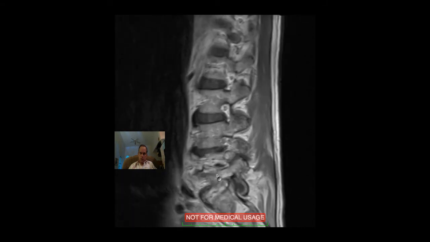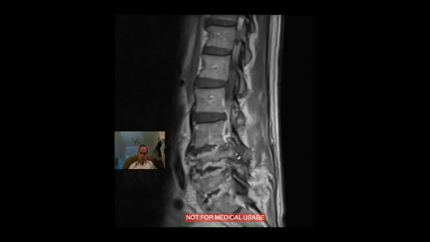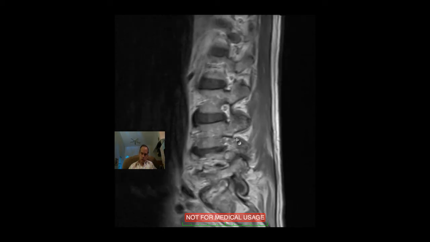This does demonstrate the neural foramen nicely. There at L3-4, and here you can see the narrowing at L4-5, and here's a neural foramen at L5-S1. It's kind of hard to see, but here is L3, so this is L3-4 interspace, so this is the L3 nerve root, that's the L2 nerve root.